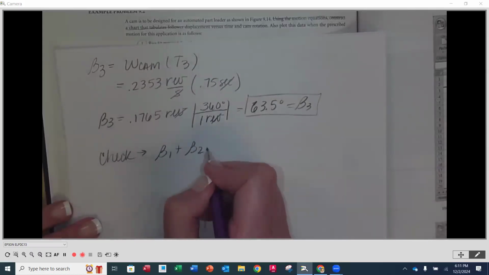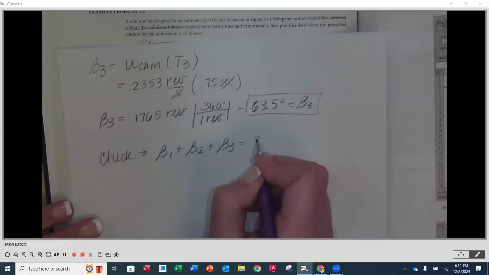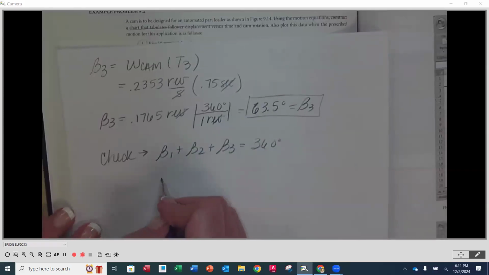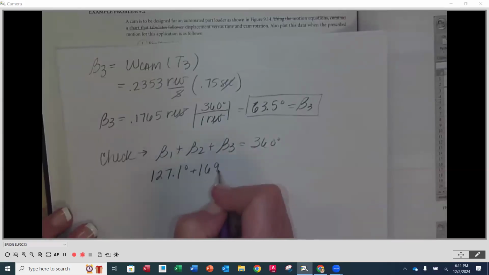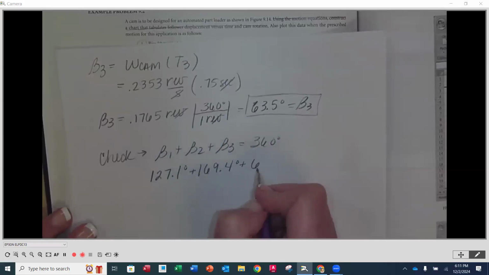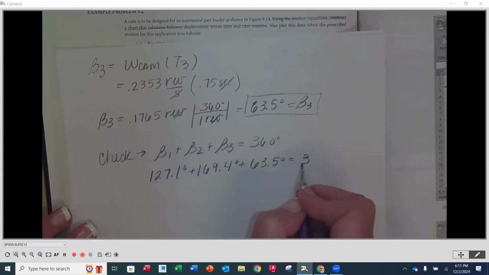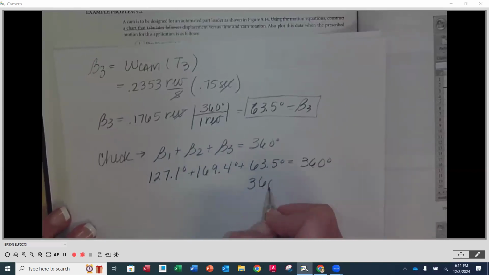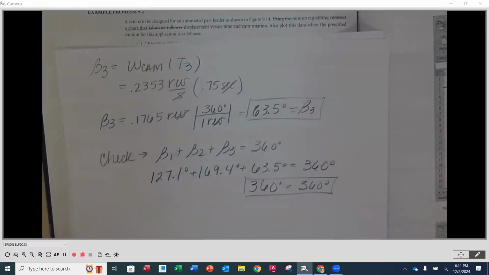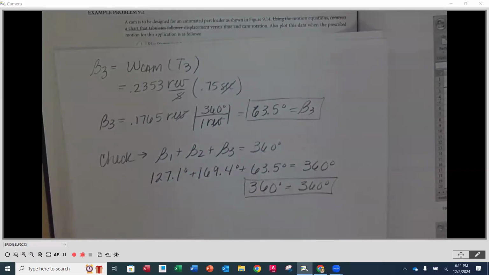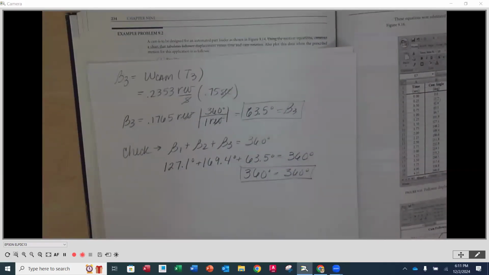Beta 1 plus beta 2 plus beta 3 to make sure that they equal 360 degrees. And if I do that, mine do come out, so I got those values there for each one. So I'll give you a chance to make sure you get the same values.